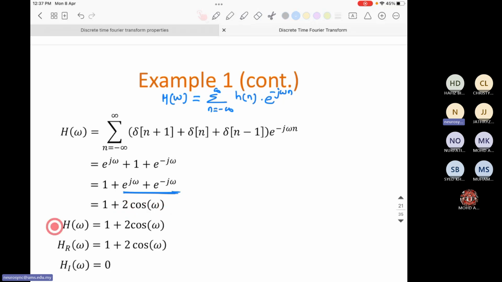So I will say that h of omega is 1 plus 2 cos omega. Now this h of omega is having only the real part. What is the imaginary part of this h of omega? 0. There is no j term here. Therefore, hr omega I can say 1 plus 2 cos omega, and hi omega I can say it is 0.